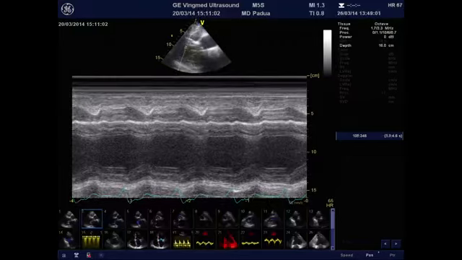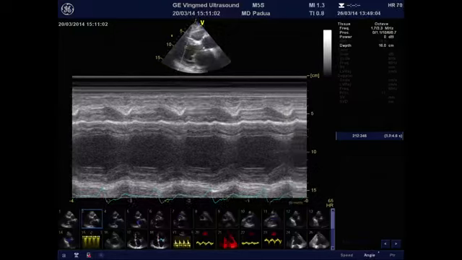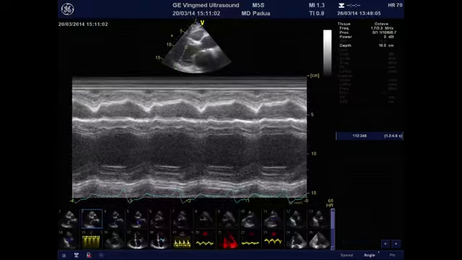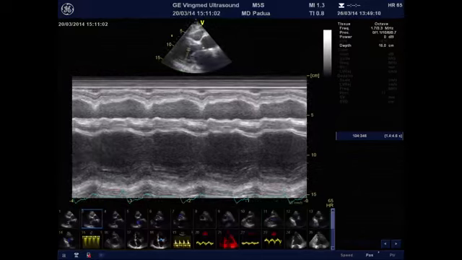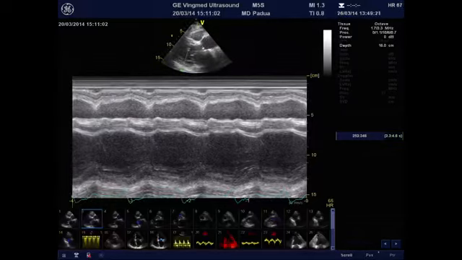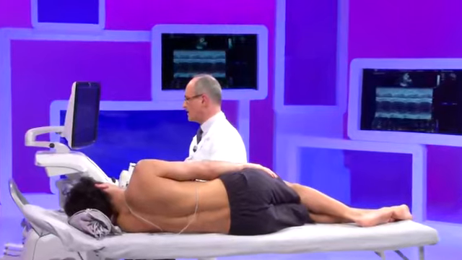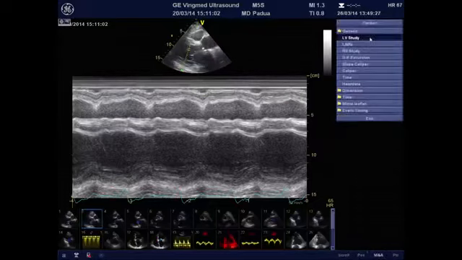The anatomical M mode allows you to redirect both the direction and the position of the M mode beam on 2D images that have been already acquired, and then when you are ready and well aligned, you can just stop your movie and you can start the measurement.